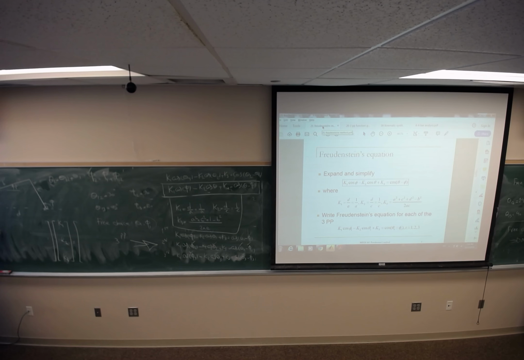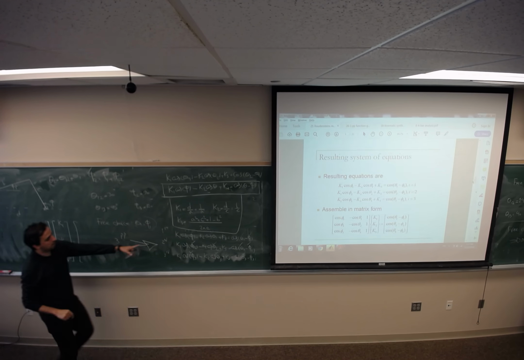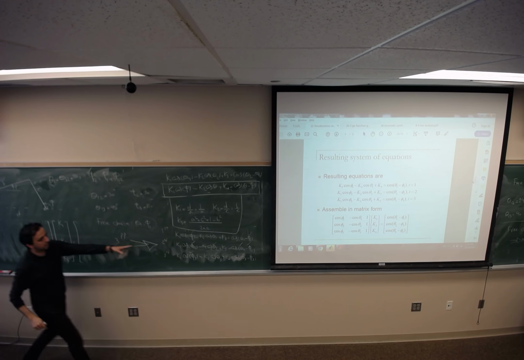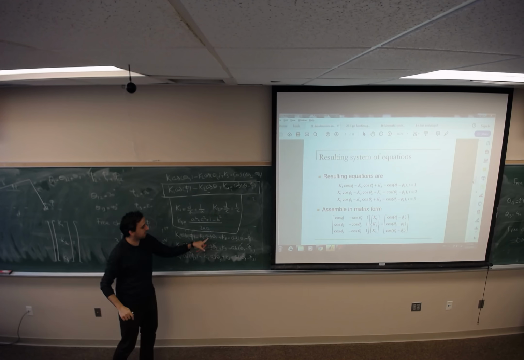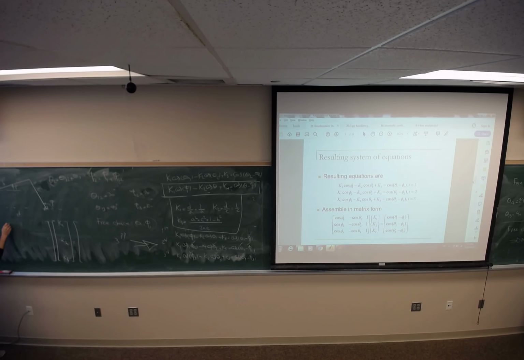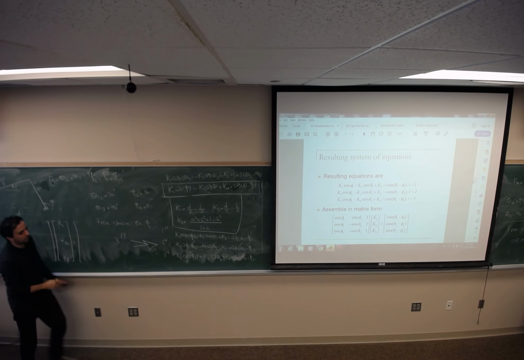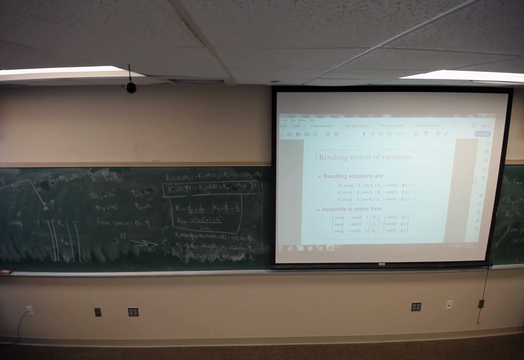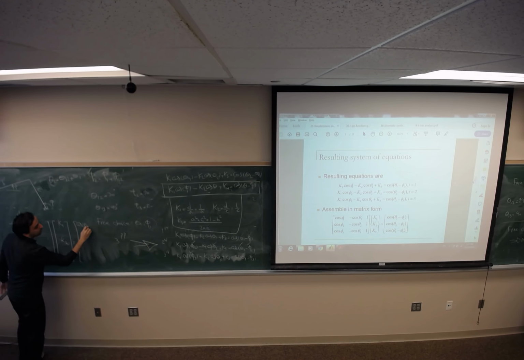What is the coefficient of K1? It's cosine of phi1. What is the coefficient of K2? Negative cosine of theta 1. And the coefficient of K3 is 1. The right hand side is cosine of theta 1 minus phi1.